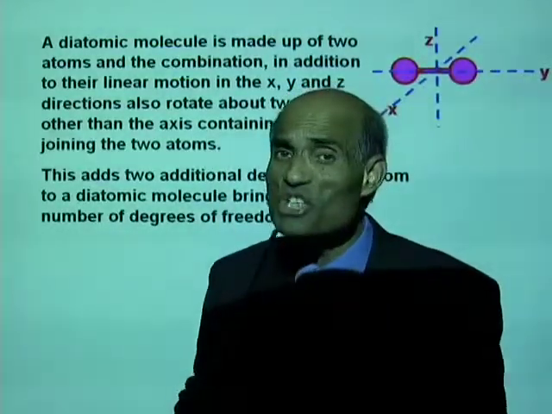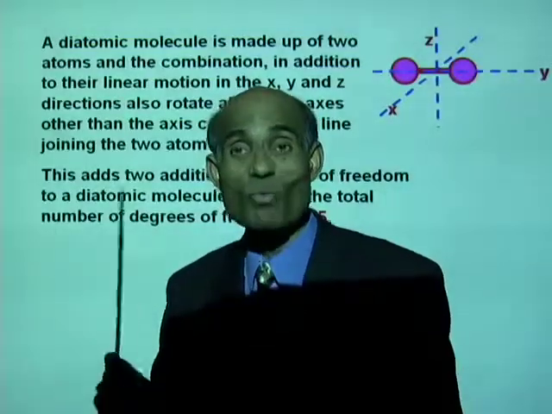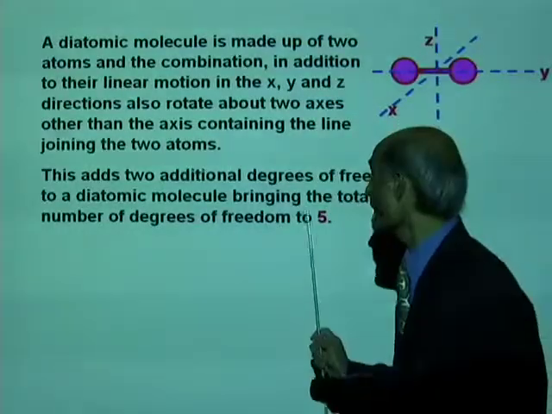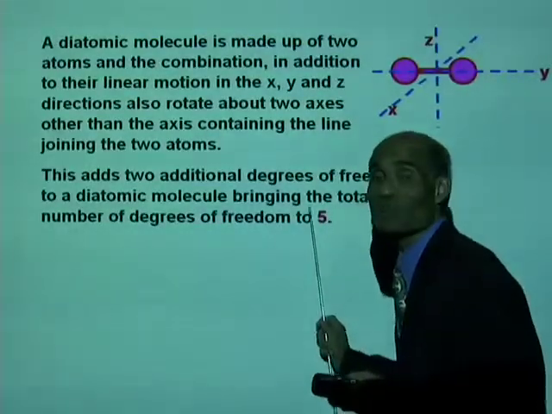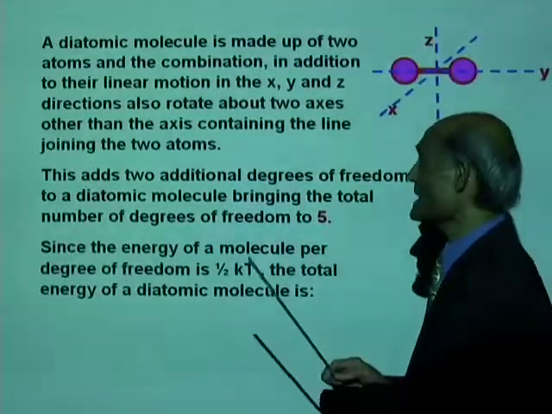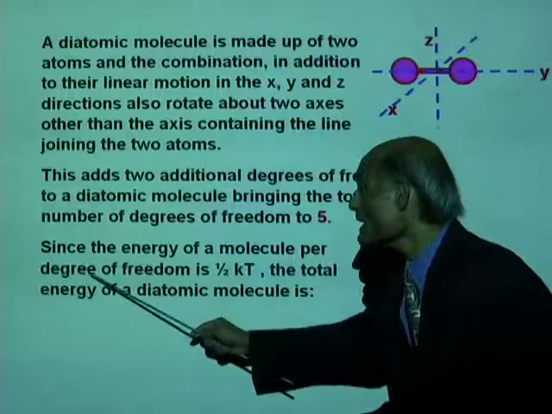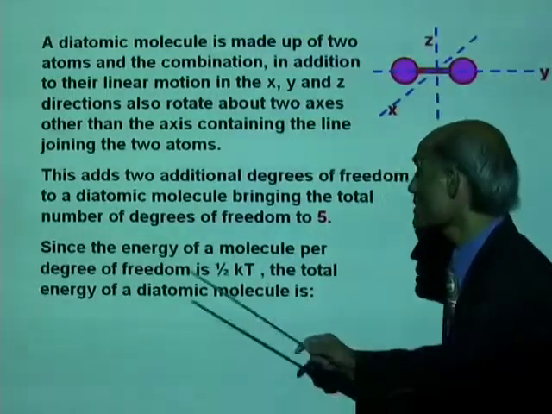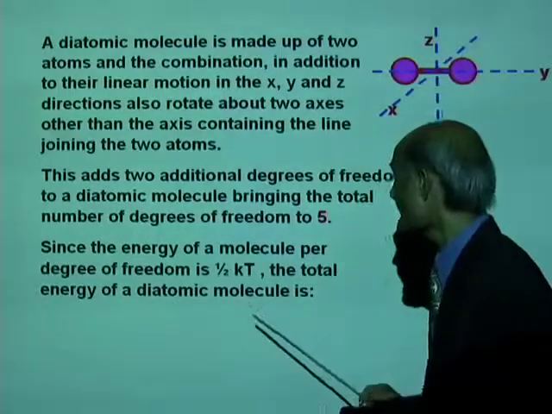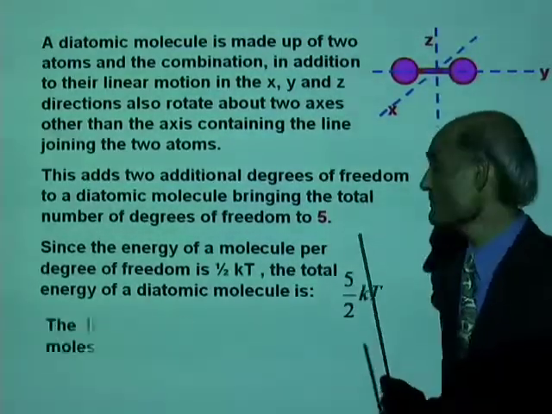Now, what is the energy associated with each degree of freedom? It is 1/2 kT. Therefore, what is the total energy of a diatomic molecule? It will be 5 times 1/2 kT. Since the energy of a molecule per degree of freedom is 1/2 kT, the total energy of a diatomic molecule is 5 over 2 kT.